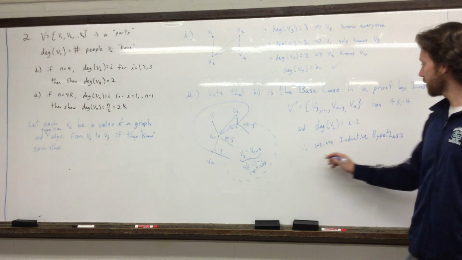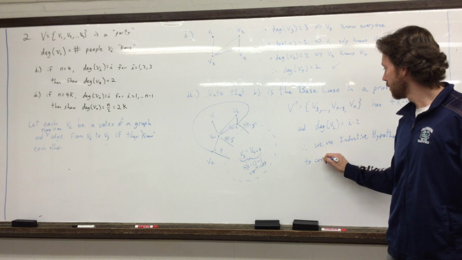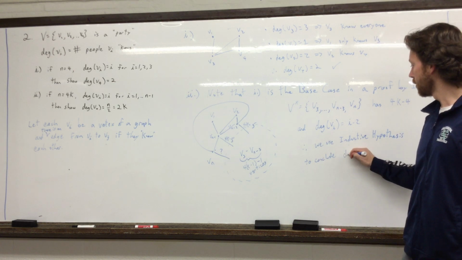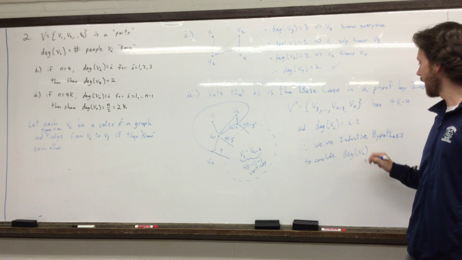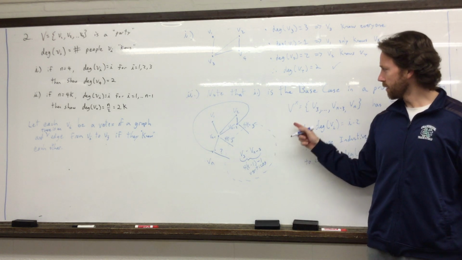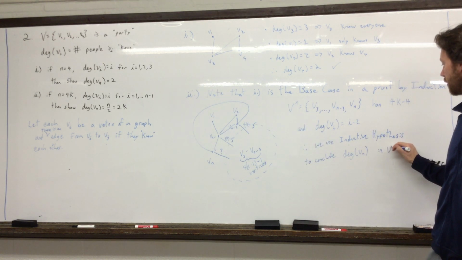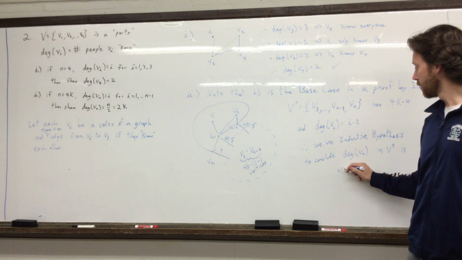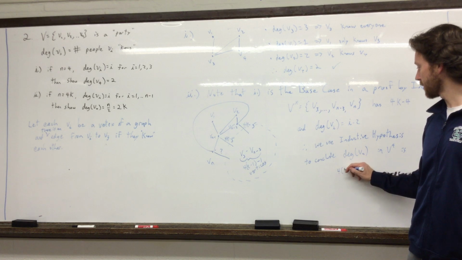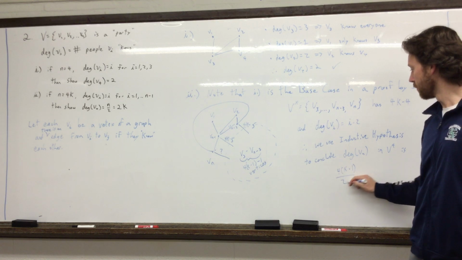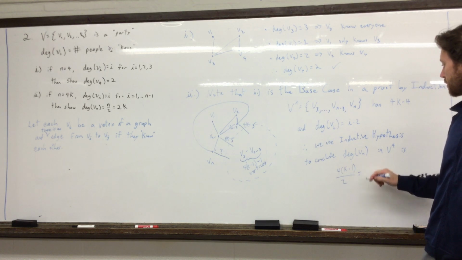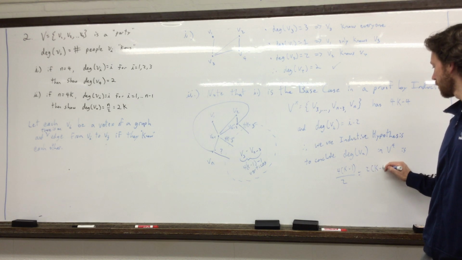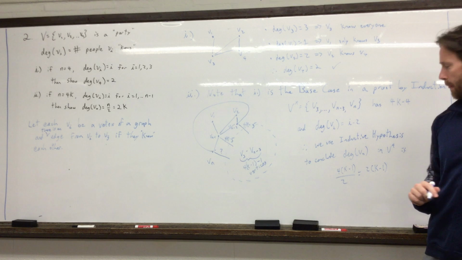We use the inductive hypothesis to conclude the degree of Vn in V star is 4 times (k minus 1) over 2, right, which equals 2 times (k minus 1).